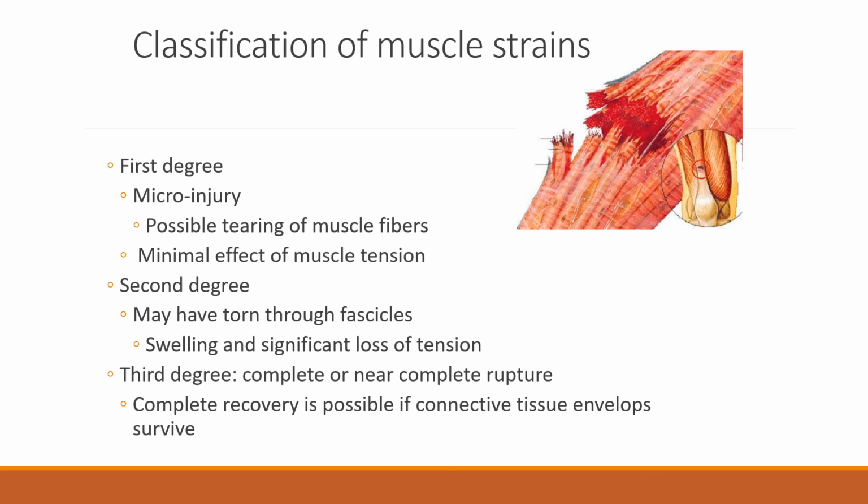A third-degree muscle tear is complete or near complete rupture through the entire width of a muscle belly. However, surprisingly for me, complete recovery is possible if the connective tissue envelope survives the muscle tear. And we'll describe how that is over the course of the next couple minutes.